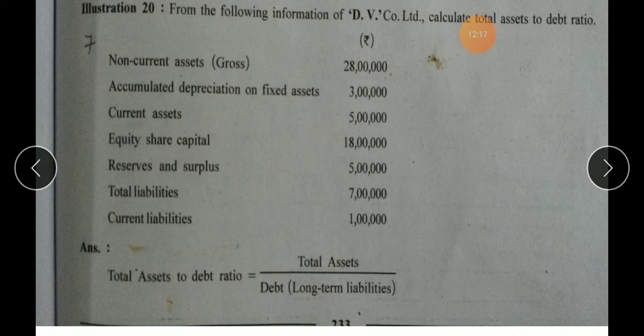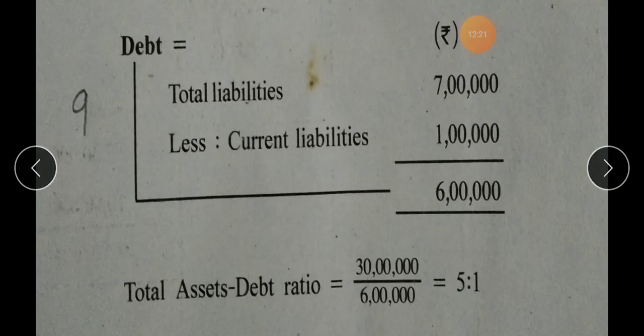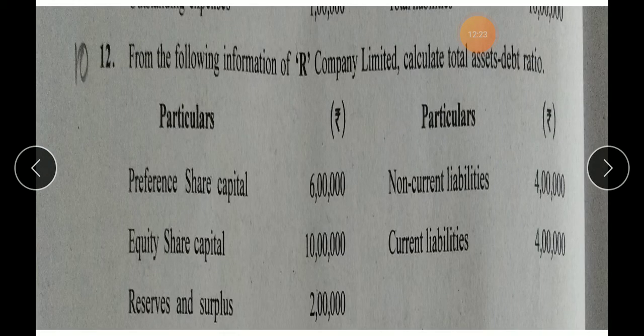Yes, the sums are extremely simple and easy. The next one, yes, so we have only two illustrations related to the second ratio of solvency ratios. The second ratio that we have understood, total assets to debt ratio. On the basis of that, we have done two illustrations, that is illustration 19 and 20.